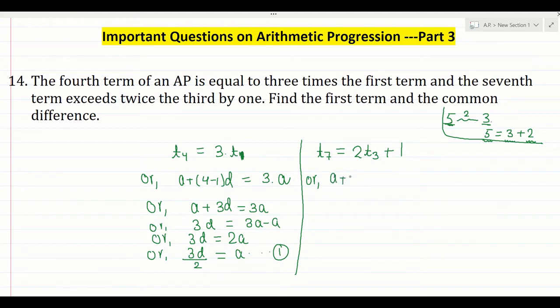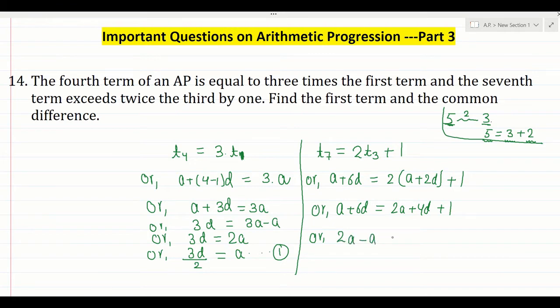So T7 means A plus 6D equal to 2 times T3, and T3 means A plus 2D, plus 1 as it is. Let's simplify this one. A plus 6D equal to 2A plus 4D plus 1. Or it is 2A minus A equal to 6D minus 4D minus 1.